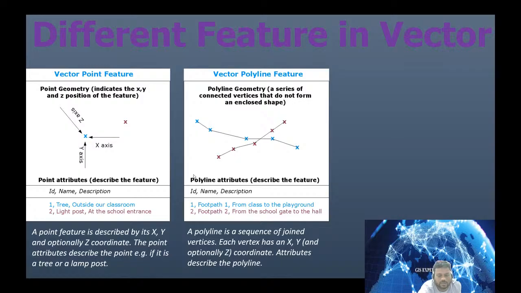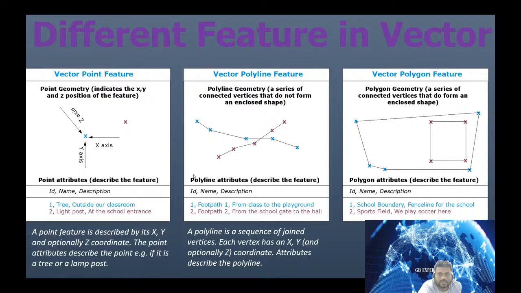Attributes describe the polyline. A vector polygon feature, like a polyline, is a sequence of vertices. However, in a polygon the first and the last vertices are always at the same position. So this is the polygon, this is the polyline, this is the point feature.